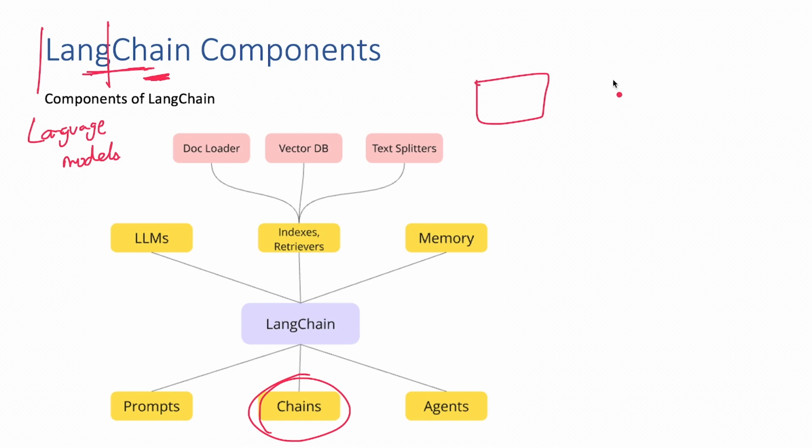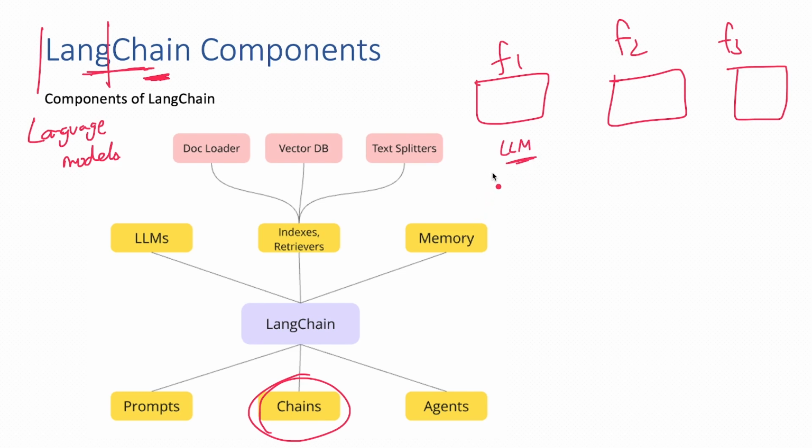Let's say that as part of a chain that you are creating, there are different functions like F1, F2, and F3. So this is like some abstract naming convention that I'm providing now. F1 basically would leverage an LLM to try to understand the intent of the user query. And probably once it understands the intent, whatever response that it has, it's going to send out to the next component within your chain.